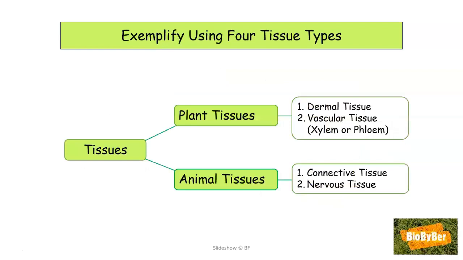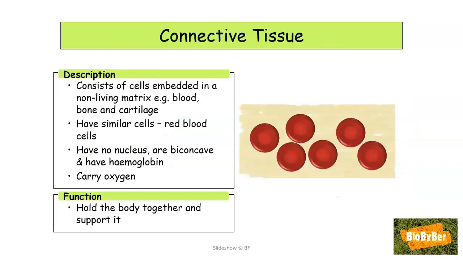What about animal tissues? Well, the two types of animal tissue that we're going to look at are connective tissue and nervous tissue. Looking at connective tissue, we see that it consists of cells that are embedded or spread out in a non-living matrix or substance.